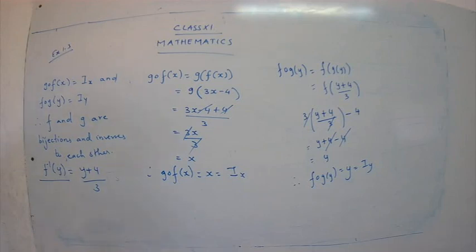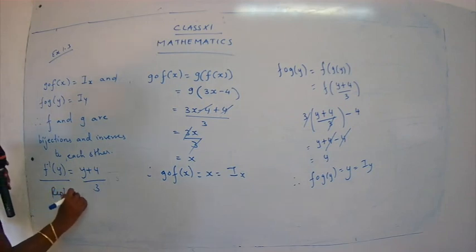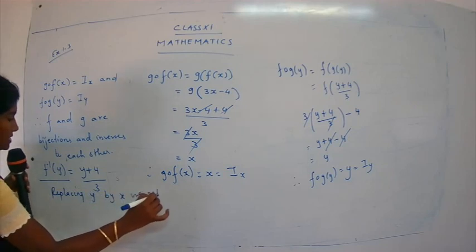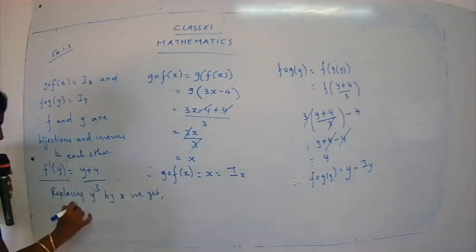We have not completed our step. We have one more thing to do. What are we going to do? You are going to replace y by x. Good. So let's replace y by x. Replacing y by x, we get f inverse x.